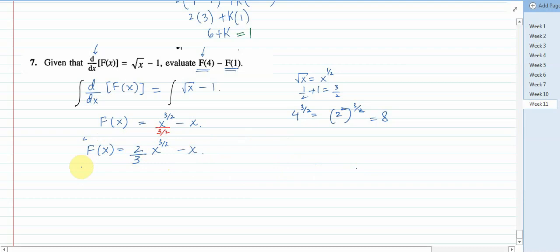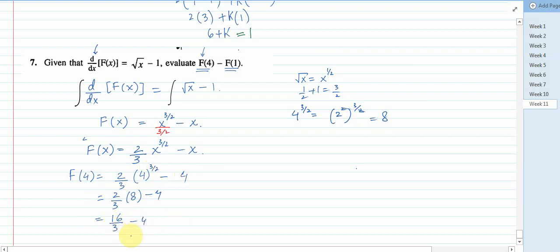Now I need to find the value of f of 4, so that will be 2 upon 3 times 4 to the power 3 upon 2, minus 4. 4 to the power 3 upon 2 is 8, we have done it already, so 2 upon 3 times 8 minus 4 leads to 16 upon 3 minus 4.